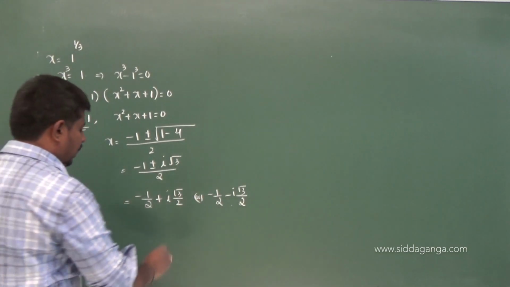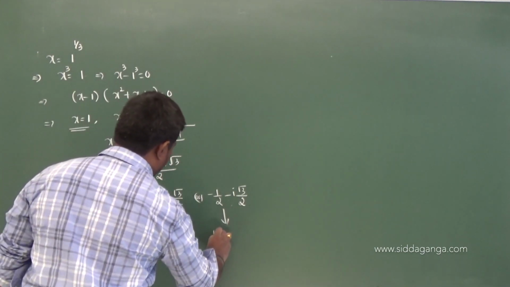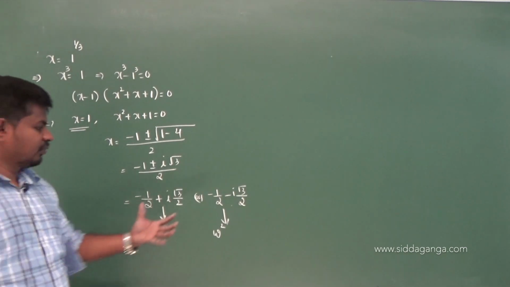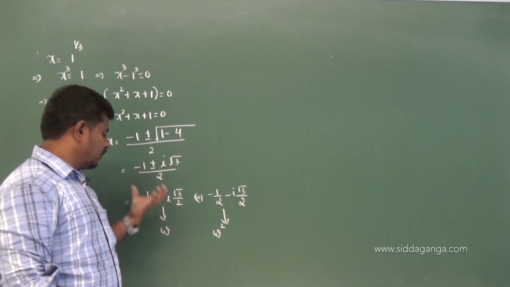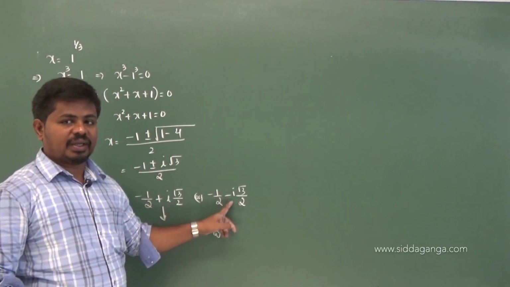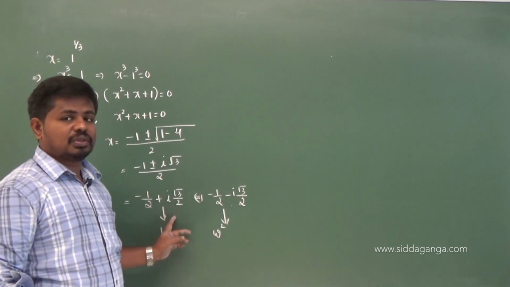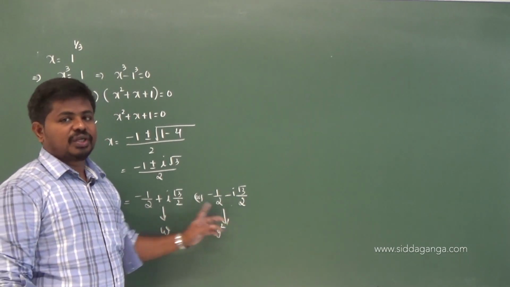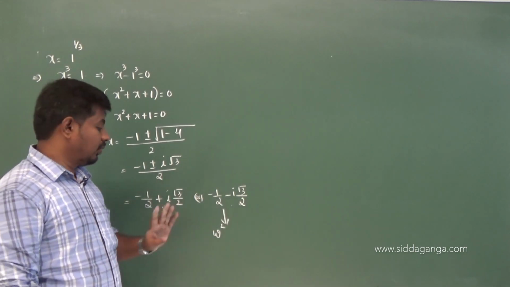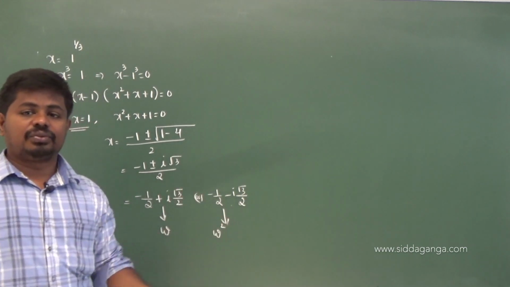And one more thing, if you take this one as omega, then the other becomes omega square, you can check it. If you square this, you get the other one, and if you square that, you get this one. These two are reciprocals of each other and conjugates of each other as well.